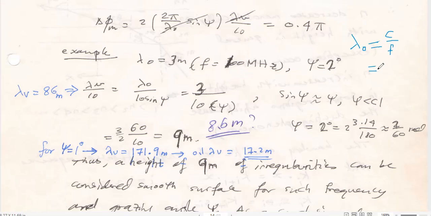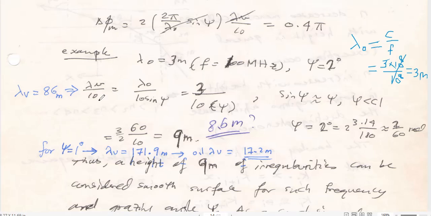The speed of light is 3 times 10 to the 8 meters per second, over the frequency, which is 100 megahertz, 10 to the 8 hertz. The result is 3 meters, as can be seen here, lambda naught.